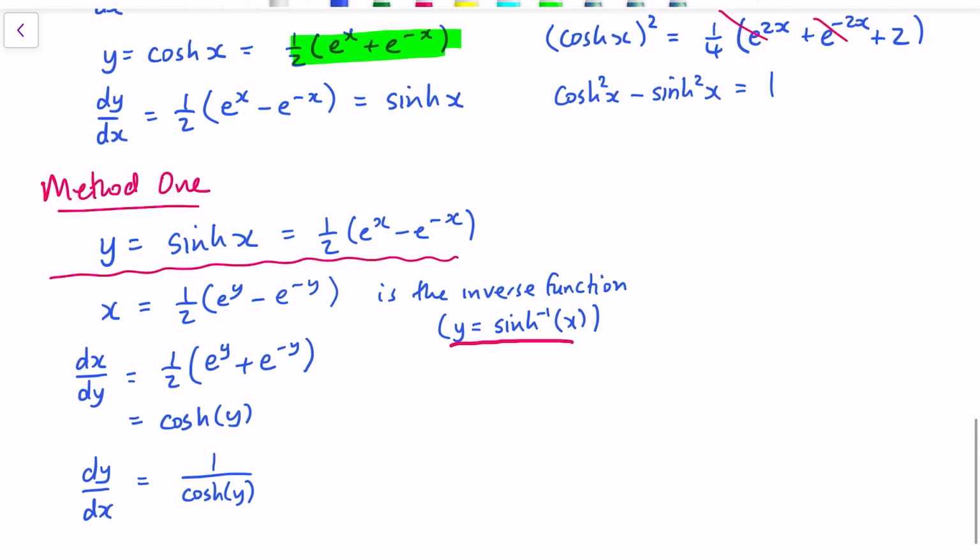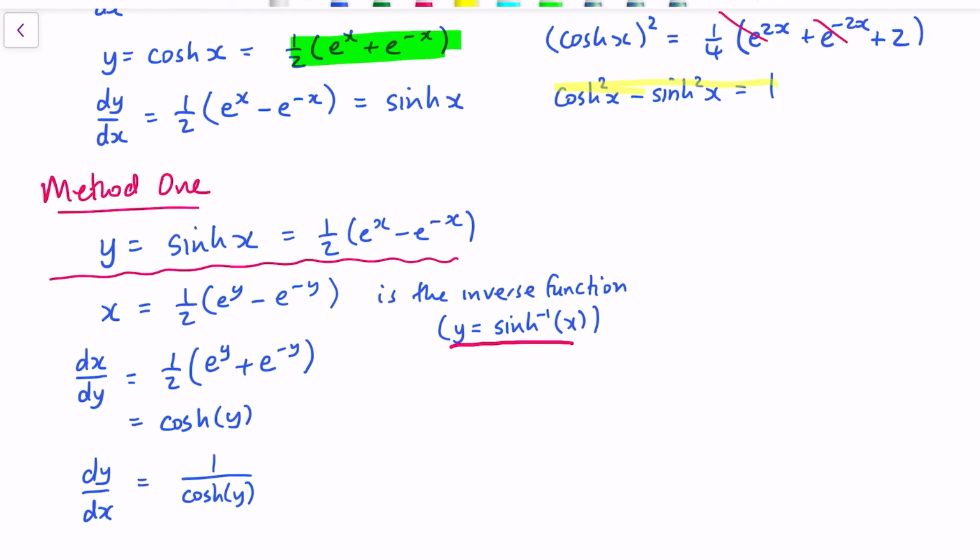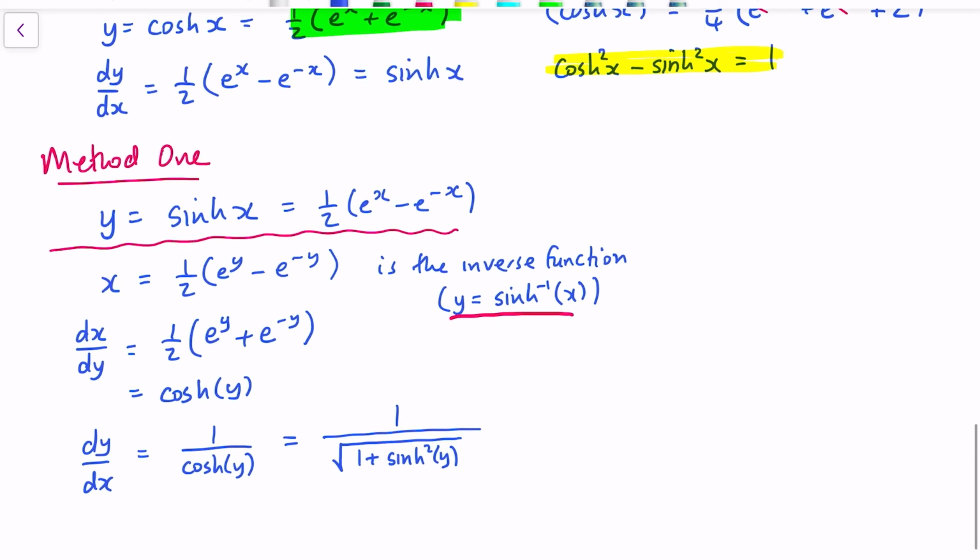And then I use the identity that I've developed up here to relate these things together. Cosh, and remember that's got y's in it. But if I rearrange that for cosh, I'm going to get the square root of 1 plus sinh squared of y, which is sinh of y all squared.